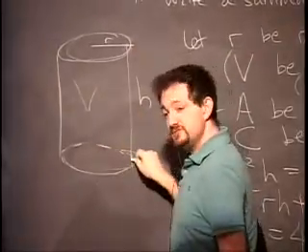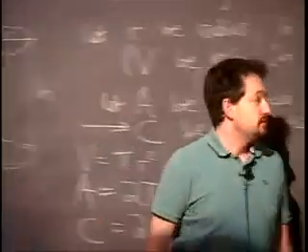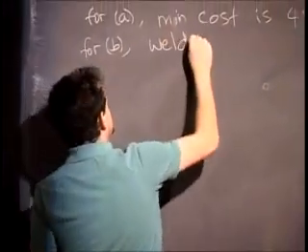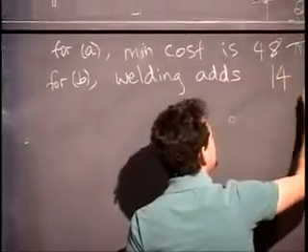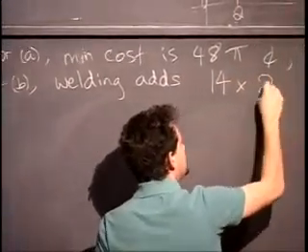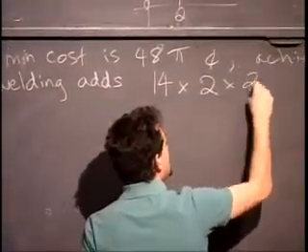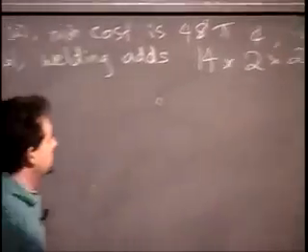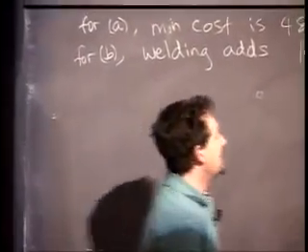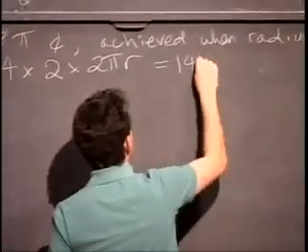Another circumference, 2 pi r. So for part B, welding adds 14 cents times 2 for the top and the bottom of circumference each time. 14 times 4 pi r. I'm just going to leave this as 14 times 4 pi r.